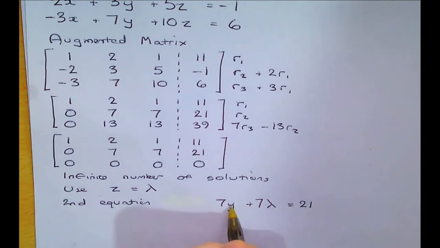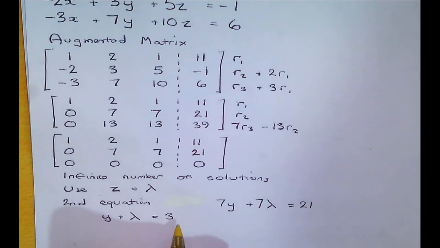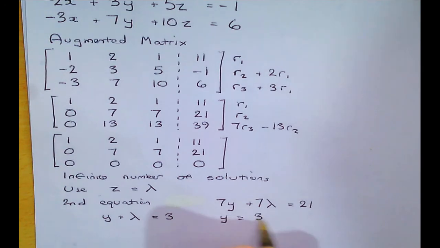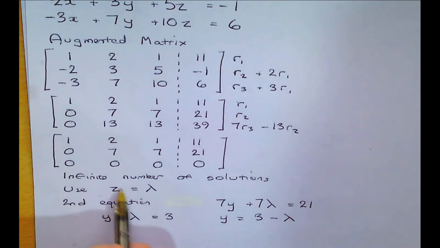So we have that y plus lambda is equal to 3, or alternatively, y is equal to 3 minus lambda. So if z is lambda, y is 3 minus lambda.